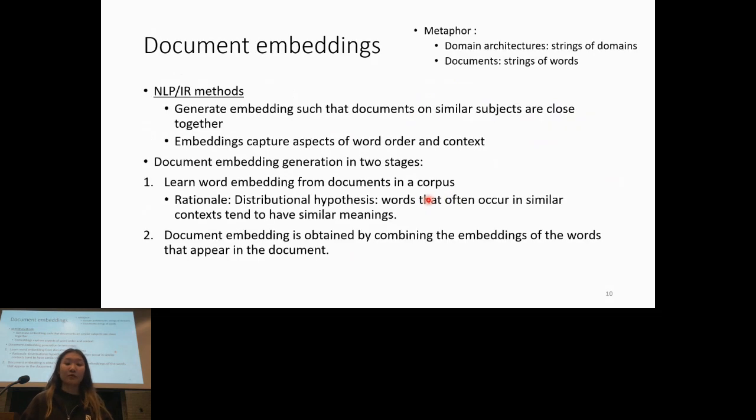Because what we want is domains that share similar biological properties to be close to each other in their embedding space. And we want domain architectures that share properties to be close in the embedding space. And that is exactly what NLP and IR methods want. They want words and sentences that share similar meanings to be close in their embedding space.